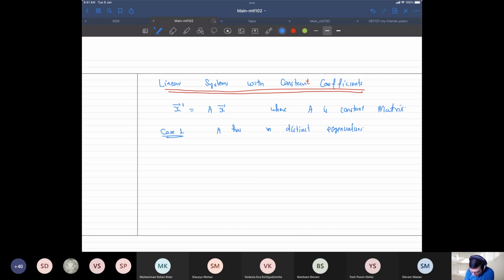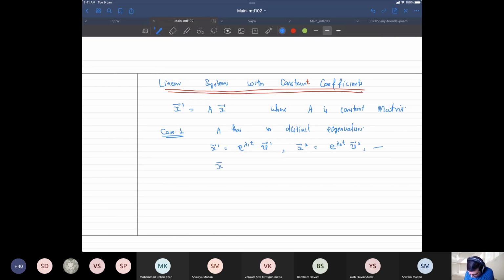So you wrote the first solution as exponential of lambda 1 t times the first eigenvector, by assuming lambda 1 is the first eigenvalue, let's call the eigenvector v1. Similarly, x2, the second solution, was exponential of lambda 2 t times the second eigenvector, and so on and so forth.